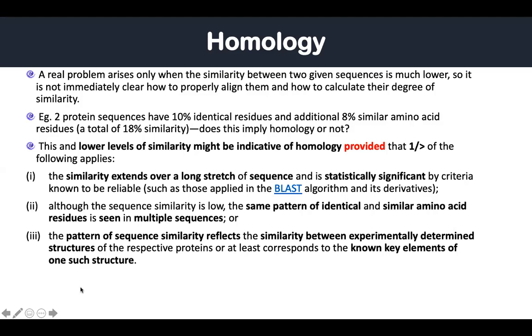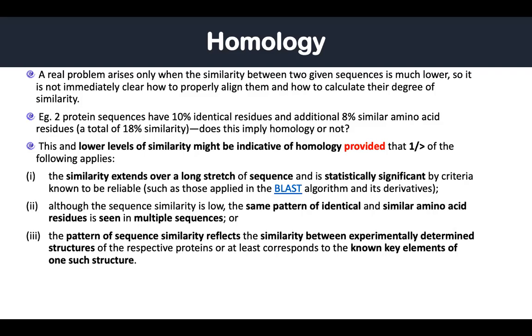And lastly, the pattern of sequence similarity reflects the similarity between experimentally determined structures of the respective proteins, or at least corresponds to the known key elements of one such structure. Especially in proteins, if the sequence in the domain area is similar, you can be quite sure that the proteins are going to function the same.